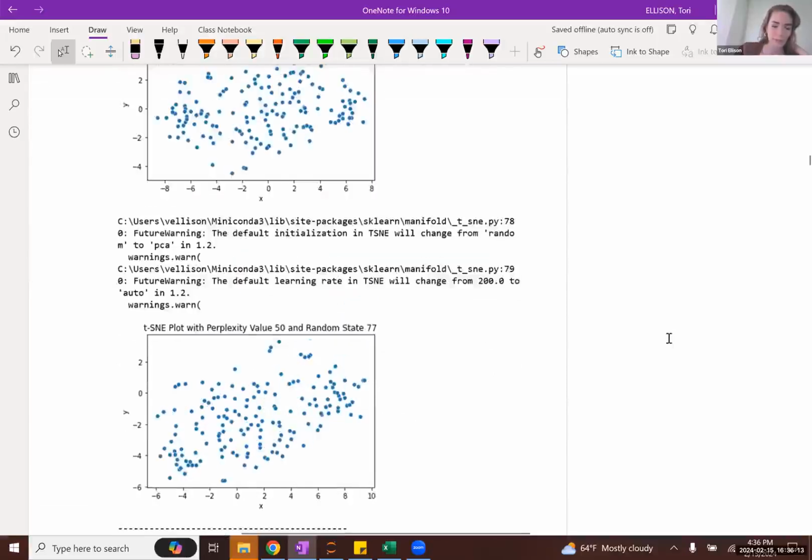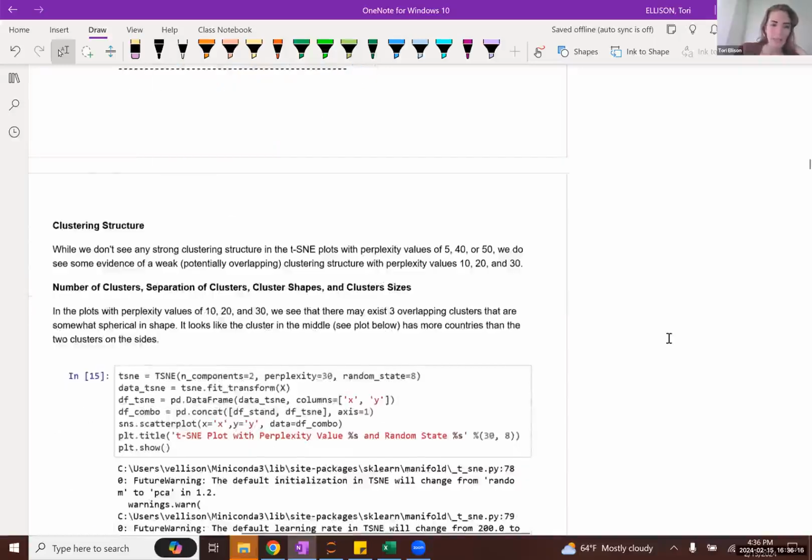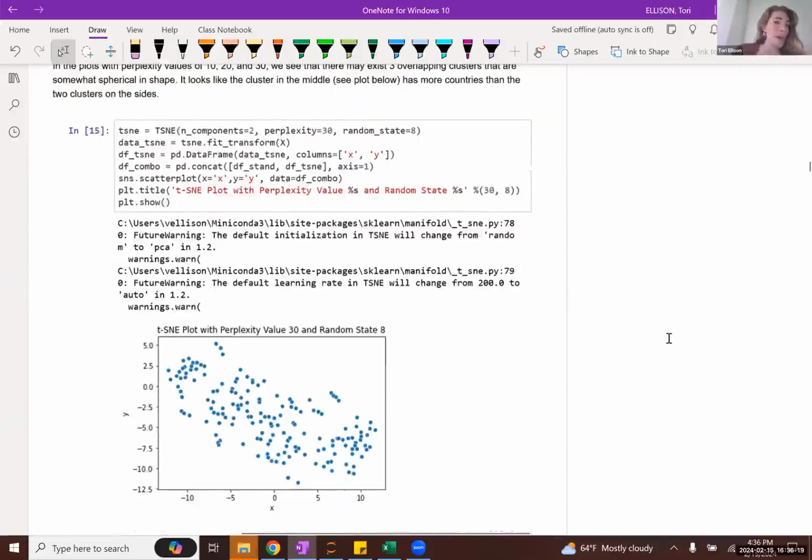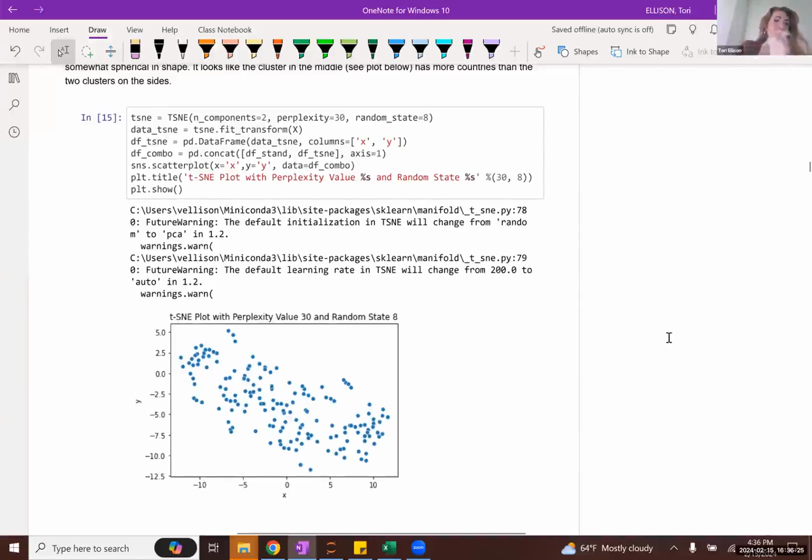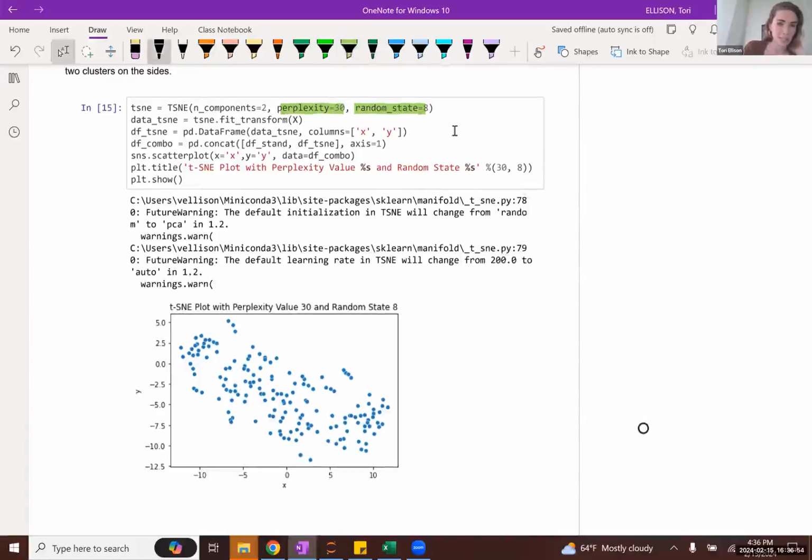Usually, after examining multiple t-SNE plots and seeing multiple similar patterns for evidence of a clustering structure, I select just one t-SNE plot to use throughout the rest of the analysis. I'll pick the t-SNE plot that best exhibits these common clustering structure elements that I'm seeing across multiple perplexity values and multiple random states. For instance, the perplexity of 30 in a random state of 8 typifies a lot of these common clustering structure elements.